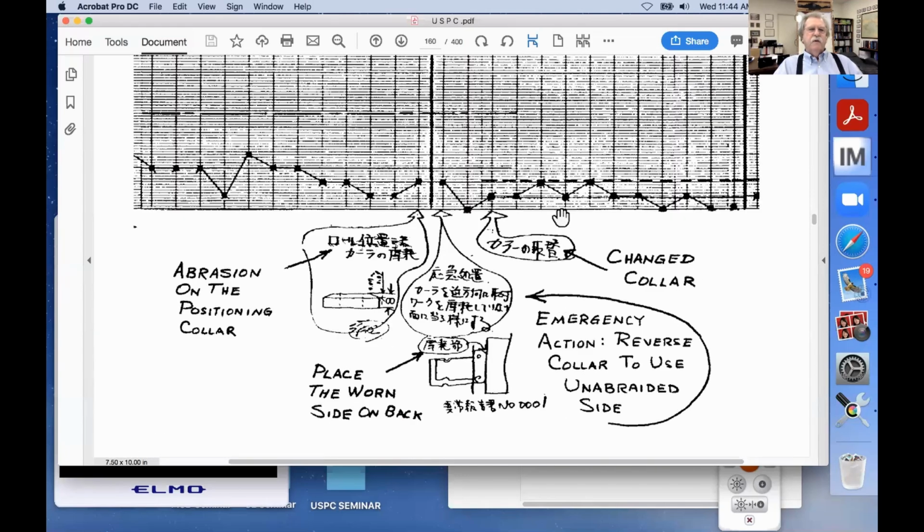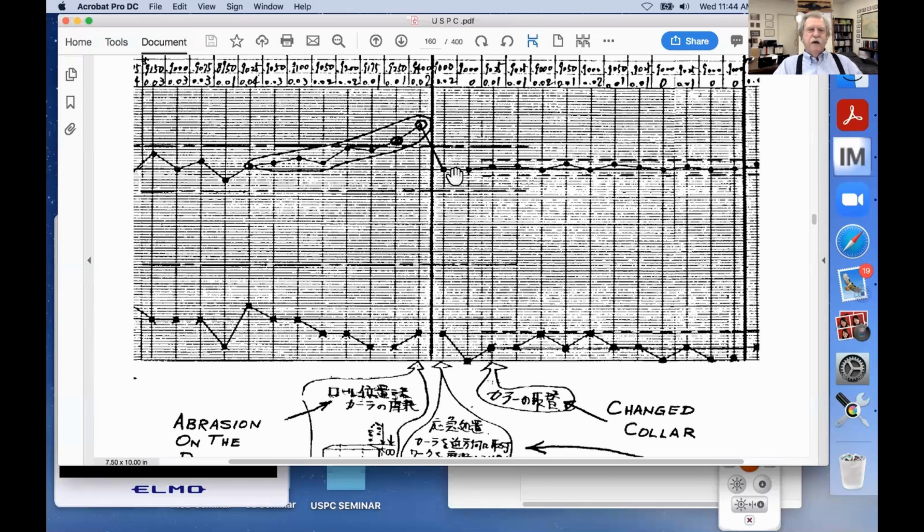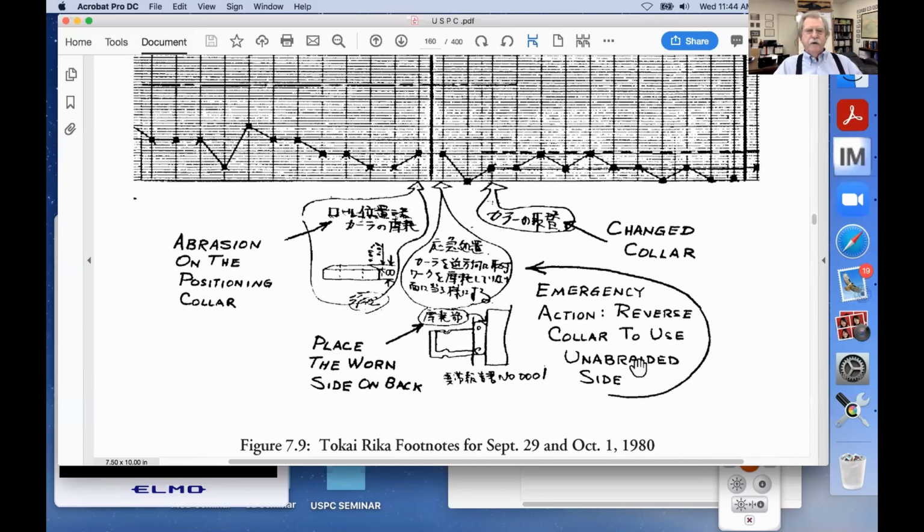Wherever possible, they take action to get back on target because they're operating with the idea of on target with minimum variance as what is desirable. Well, they put a new collar in a couple of days when it comes in, and so they take occasion to calculate limits after they get the new collar in.